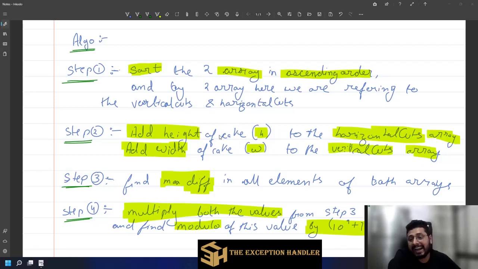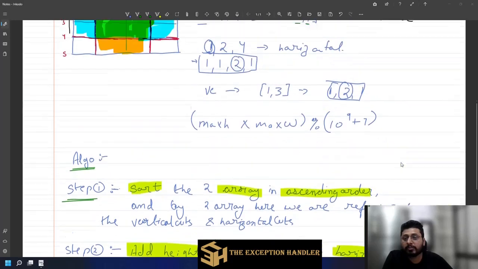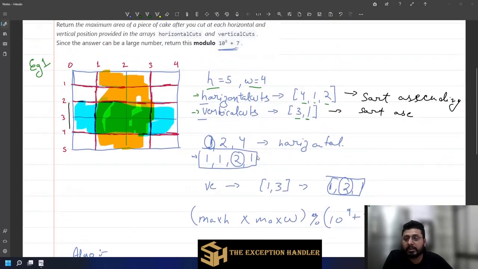Now we would add the height to the horizontal array and the width to the vertical array. Now why do we want to add this height and width? If you remember, we had to find the last value, so the final cut. We tried to find this last cut because we had only three values mentioned in the horizontal cut, so we actually had four different rows.